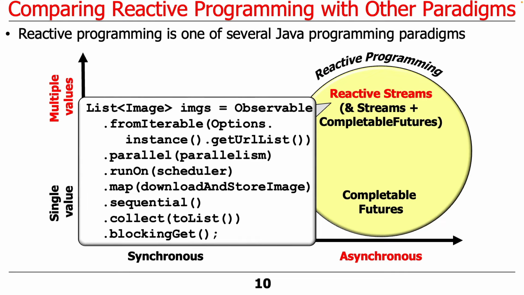And so here's an example where we use the Observable class from RxJava, and we say, take that list of URLs and make it into an Observable, which is basically a stream, and then run everything in parallel on a particular scheduler, download and store the image, and then collect the results to a list. And when you're done, wait for everything to finish running.